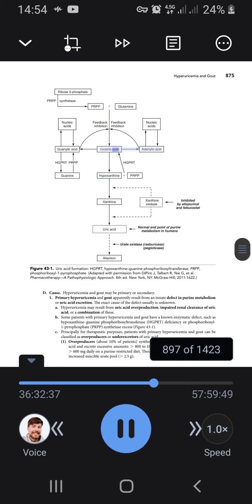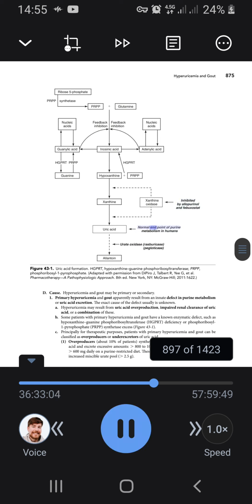Figure 43-1. Uric acid formation. Guanine, hypoxanthine, PRPP, inosinic acid, adenylic acid, nucleic acids, ribose 5-phosphate, feedback inhibition, guanylic acid, HGPRT, PRPP synthetase, xanthine oxidase, allantoin, urate oxidase, rasburicase, pegloticase, uric acid, glutamine, inhibited by allopurinol and febuxostat.